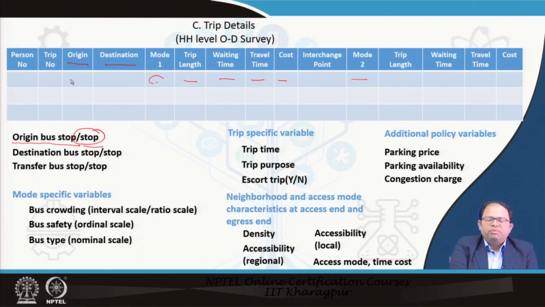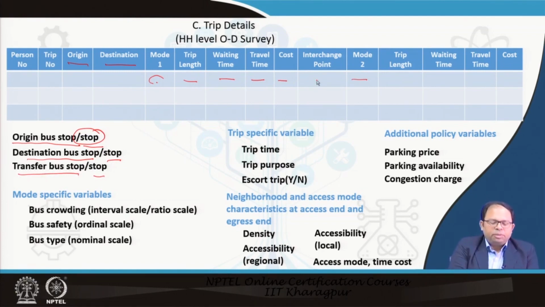So his origin may be from a particular locality, but his bus stop may be somewhere else. So that is why we need to take both. Similarly, we can take the destination bus stop or the stop and the actual destination. Then the transfer bus stop or stop where actually he is transferring, that also we can take.